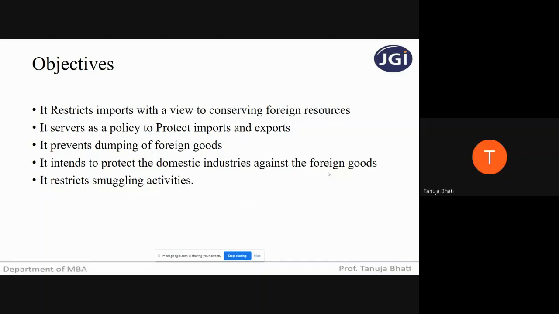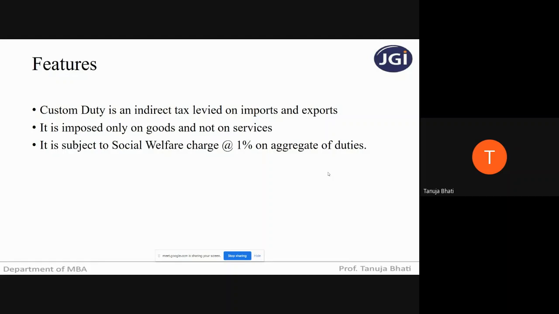Next, let us move ahead to the features of customs duty. As I've already told you, custom duty is an indirect tax which is levied on imports and exports, and it is levied only on the merchandise goods and not on the person importing the goods. That is why it is an indirect tax, and it is only levied on imports and exports.